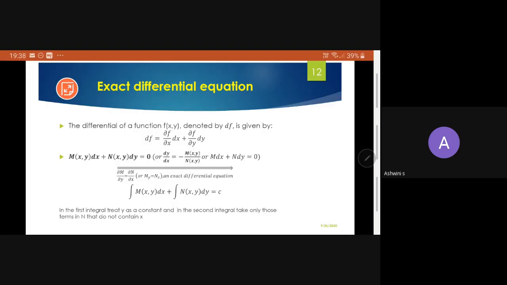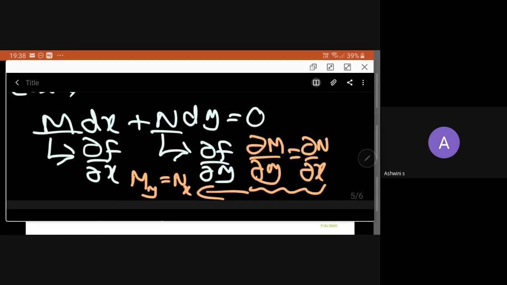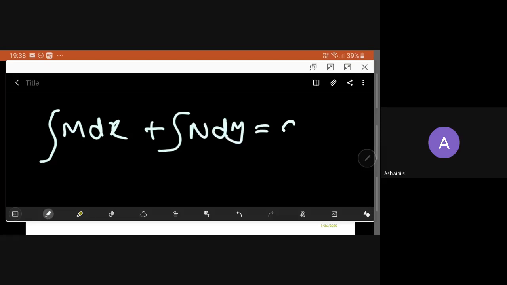And then, if it is exact, there is a simple idea for how to get the solution. You simply write the solution as integral M dx plus integral N dy is equal to some constant c.